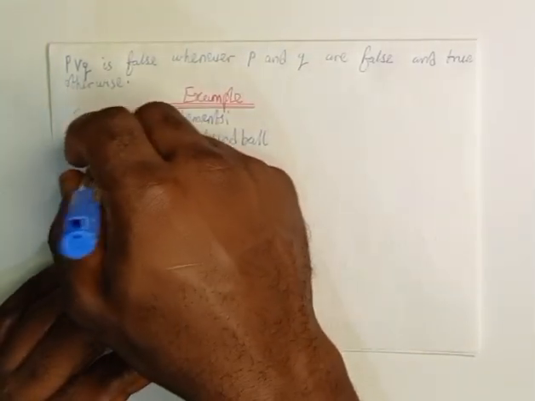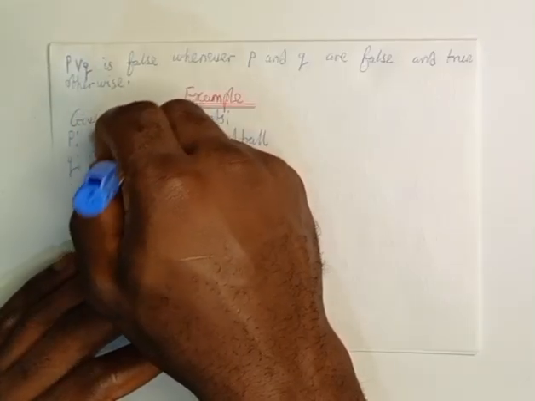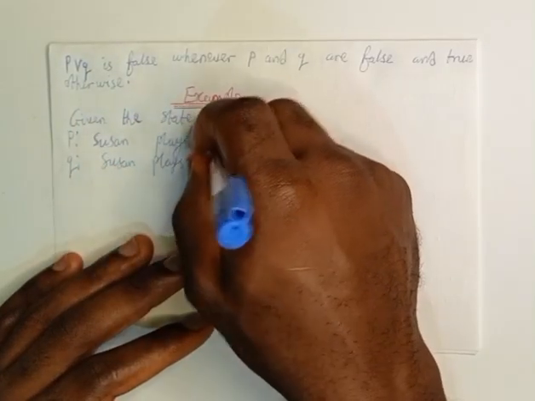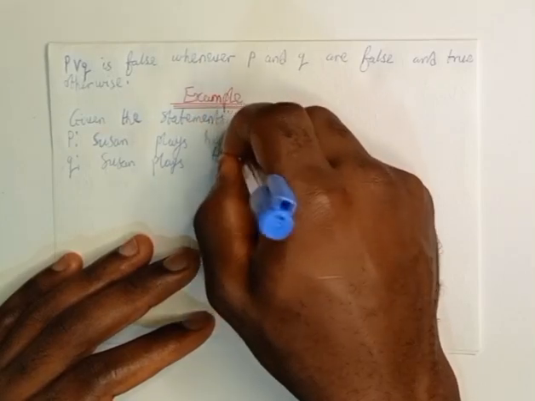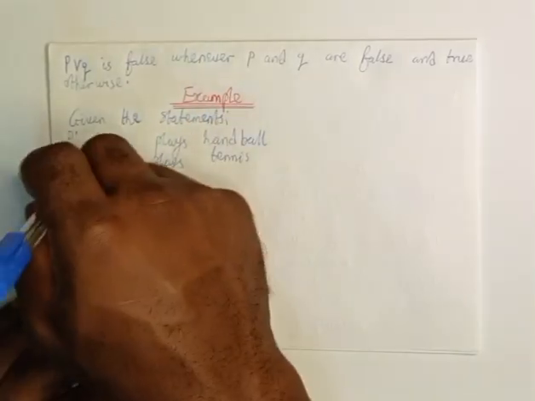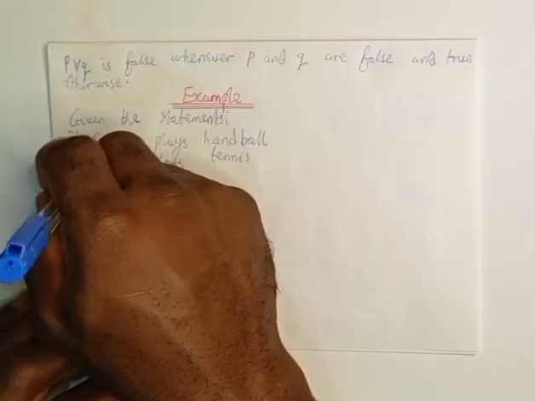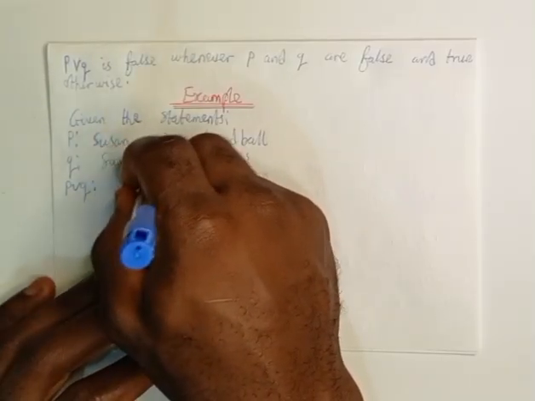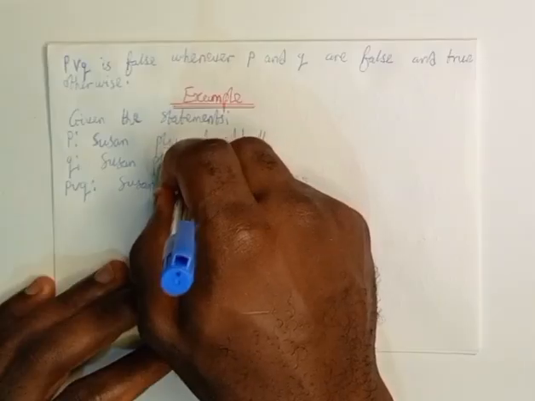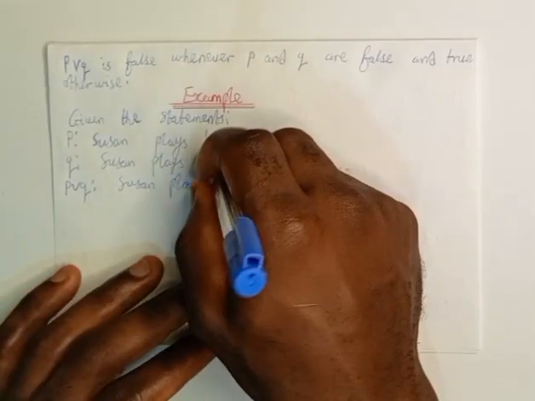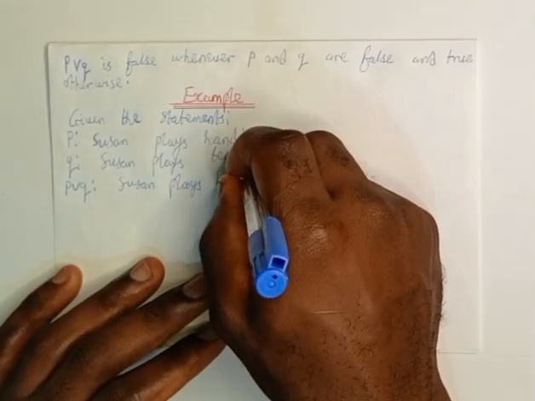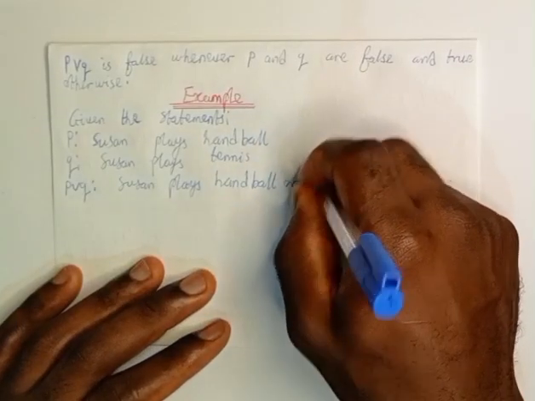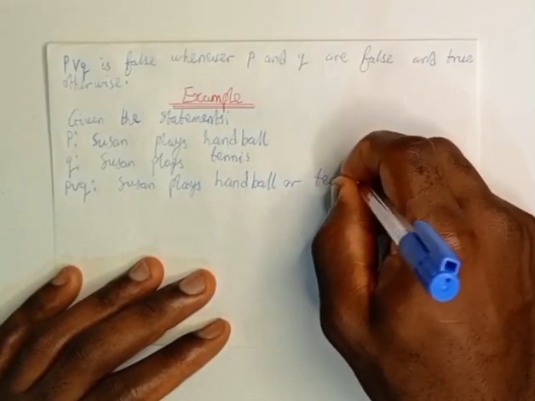Here we have the statement Q, Susan plays tennis. The disjunction of the two statements P or Q is Susan plays handball or tennis.